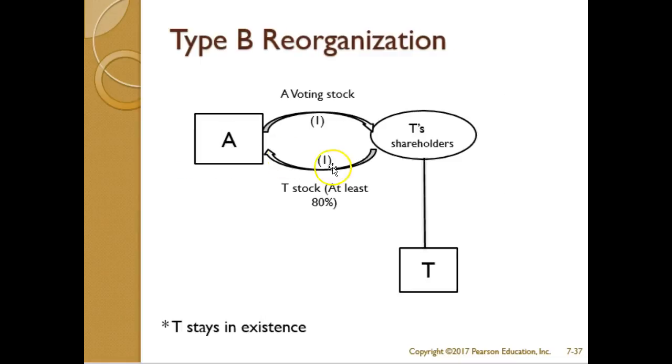Type B reorganization. At least 80% of T stock moves into A and is redeemed for A voting stock. Okay, T stays in existence, but it's a transaction with the shareholders.